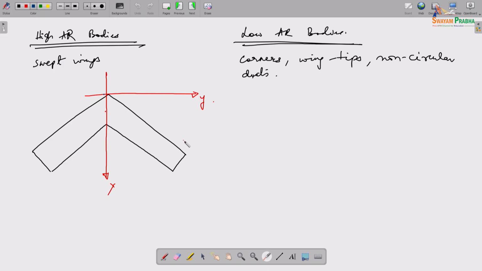So the gradient cannot be disregarded. So now we have divided these two classes of problems, and then we will see how we will formulate and set up the problem for 3D turbulent boundary layers.